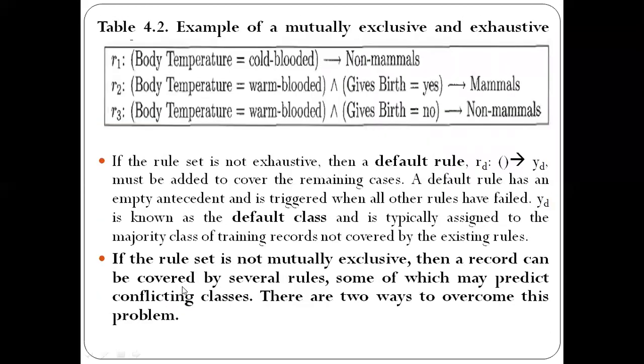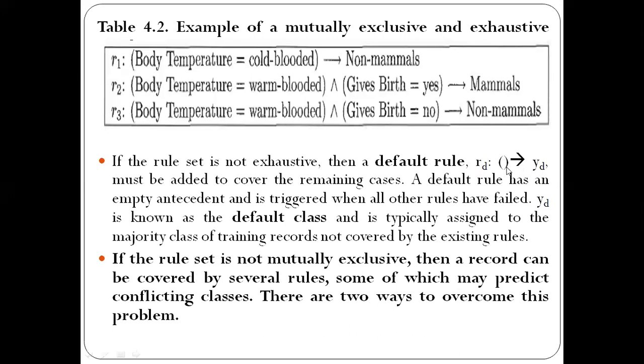In order to make a rule set exhaustive, one more thing we can do is define a default rule. If you define a default rule, there will be at least one class label assigned, that is a default class. We can define the default rule in this form: RD, which stands for default rule.